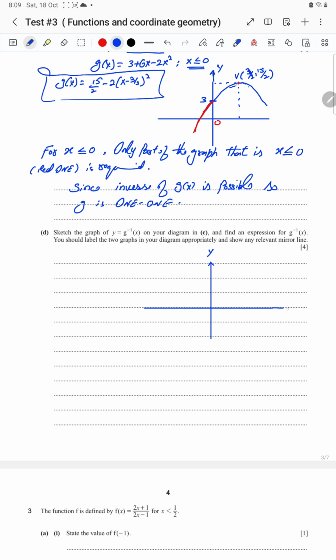So here you can even solve for the axes as well, x-intercept, y-intercept. It is given, sketch y equal to g inverse of x. Y equal to g of x, we know, was 15 by 2 minus 2 into x minus 3 by 2 whole square for x less than or equal to 0. So the graph will start from 3, it will be like this, right?